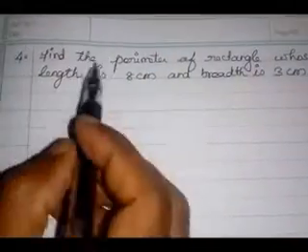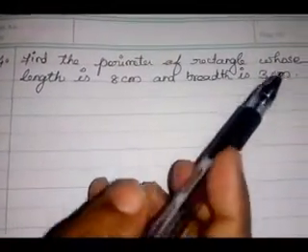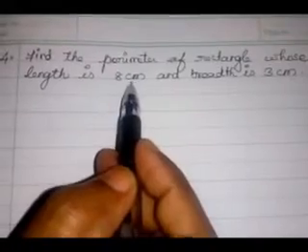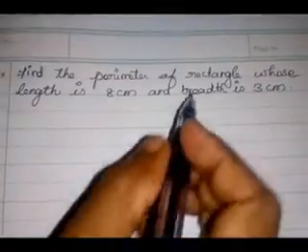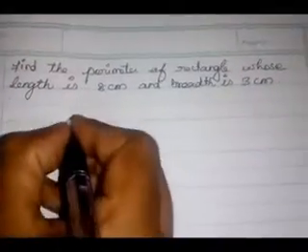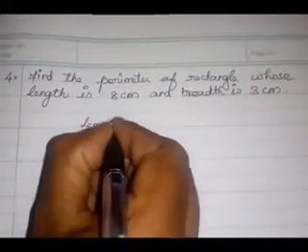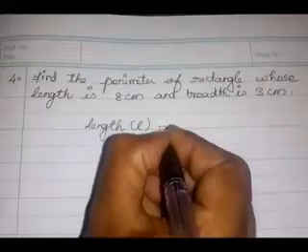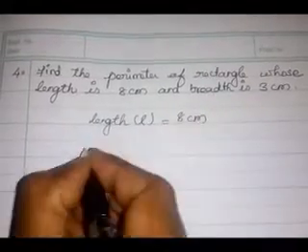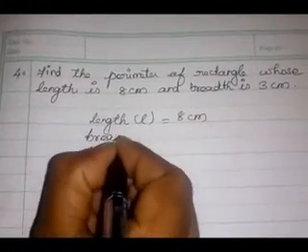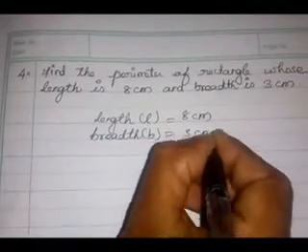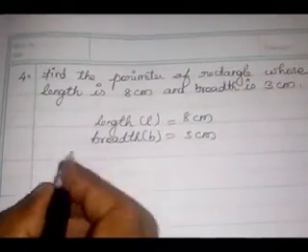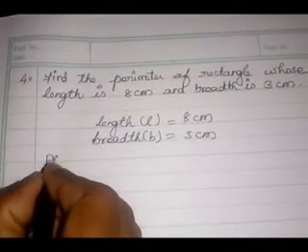Next question: find the perimeter of a rectangle whose length is 8 centimeter and breadth is 3 centimeter. What is given here? Length L equal to 8 centimeter and breadth B equal to 3 centimeter.